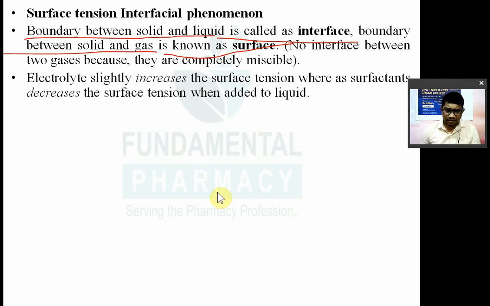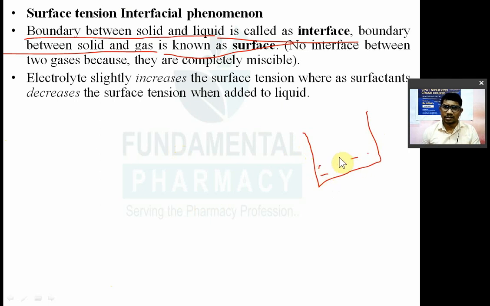So surface tension is nothing but the force per unit length that is experienced by molecules of a liquid which are on a surface. Say, for example, you have a beaker, and in it there is a liquid.